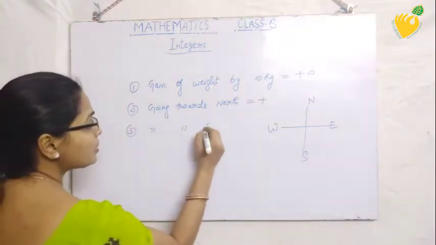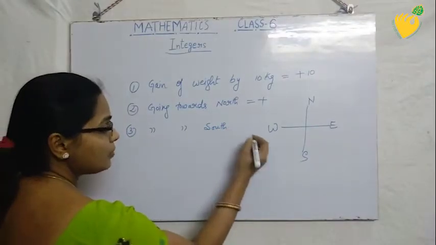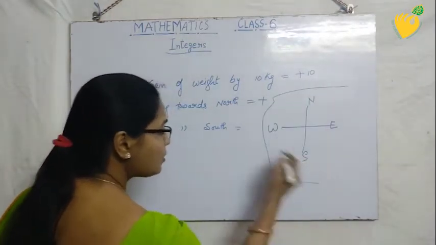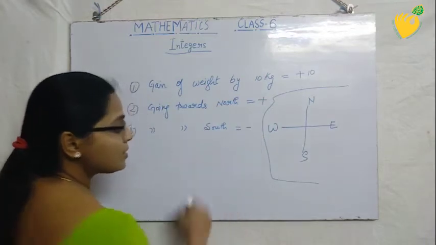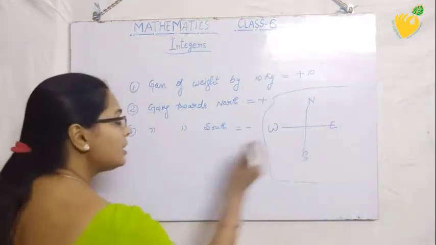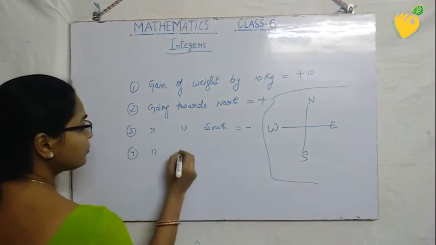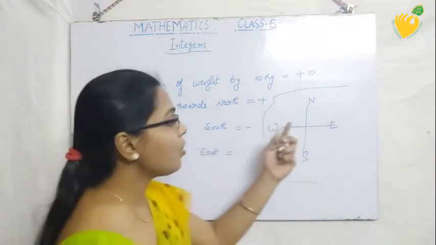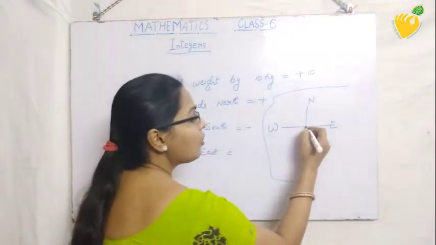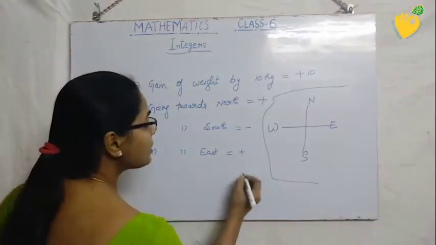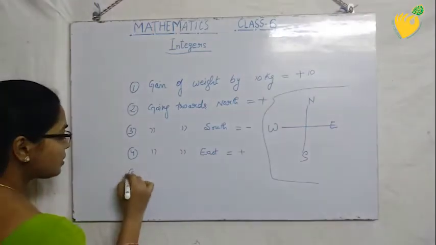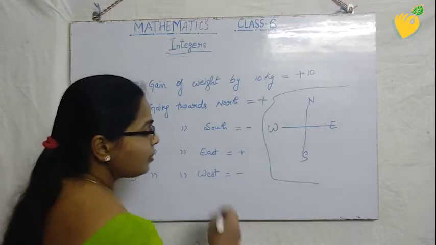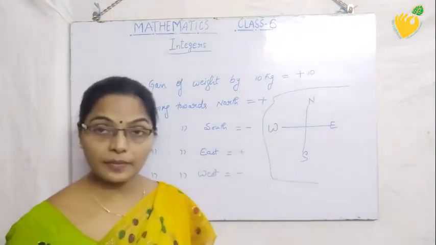Going towards south, that means we are going downside, it will be represented by a minus sign. Going towards east, that means we are moving on the right hand side from this midpoint, it is plus, and going towards west will be represented by minus sign.